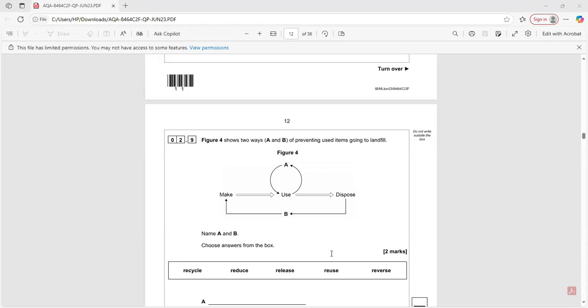Okay, so A looks to me like recycling. Or okay, no, let me not conclude. Let's look at it. Make, use, reuse. Okay, so A is reusing while B is recycling.